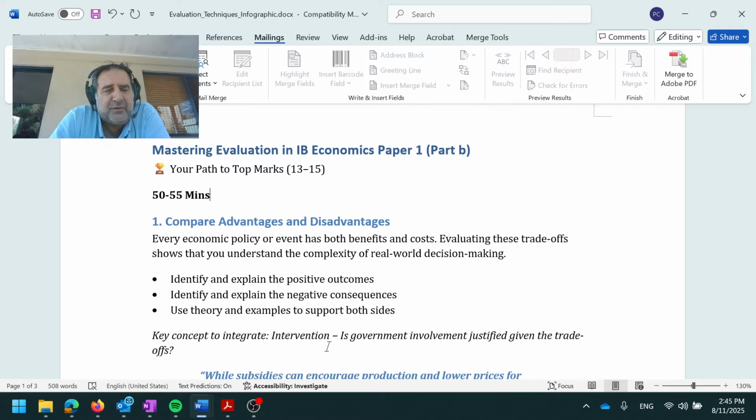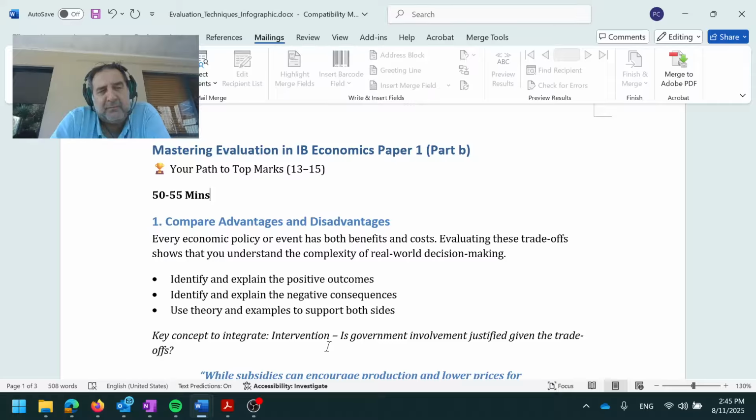You don't have to do that. Like I said, my advice is you aim for 11 or 12 out of 15. That's really doable. And if you pick up 8 marks on Part A, you're on a 7 on Paper 1. So don't overdo it. Think strategically. Two good real world examples to integrate into your response.